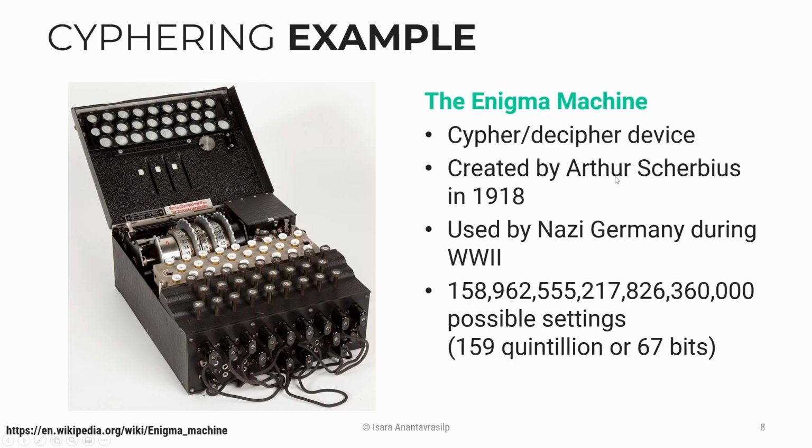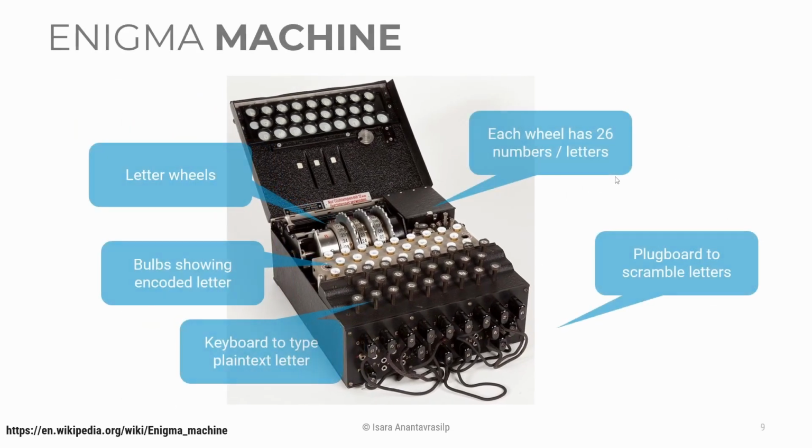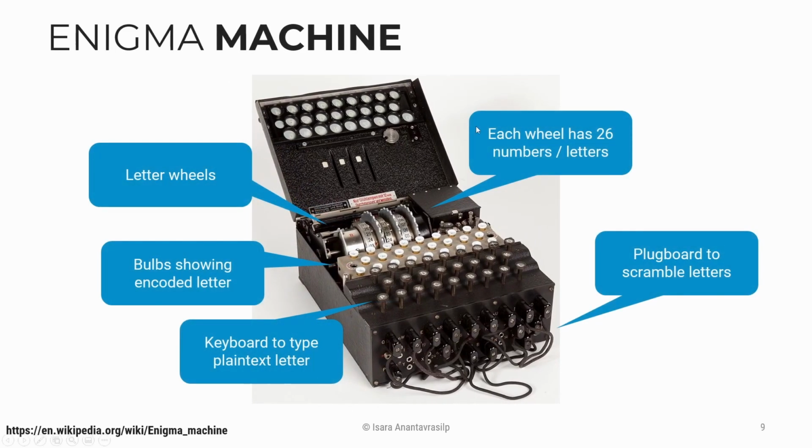The Enigma machine is composed of a few important units. The first are the letter wheels. Each wheel has 26 numbers from 1 to 26, or in some versions characters from A to Z. And we have this keyboard.